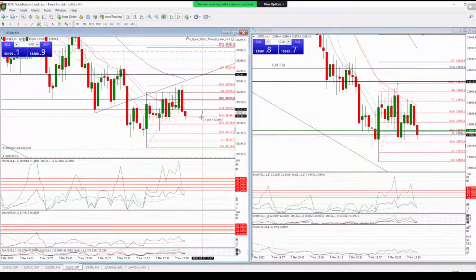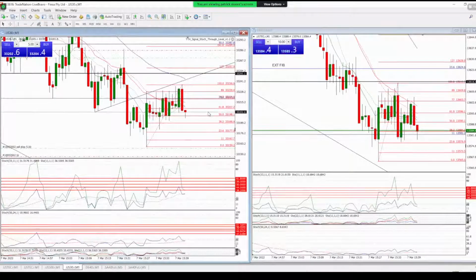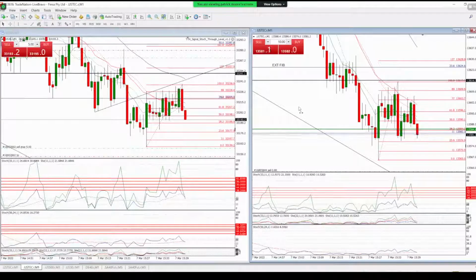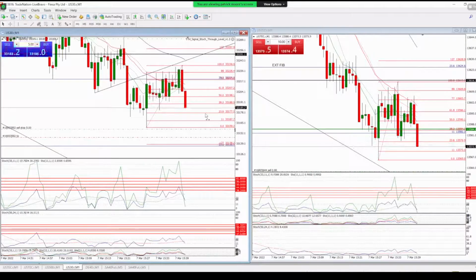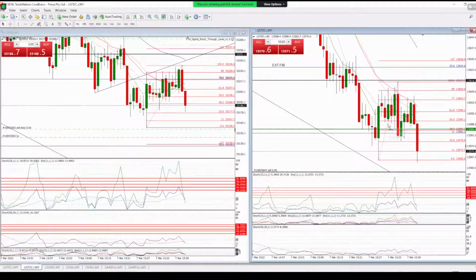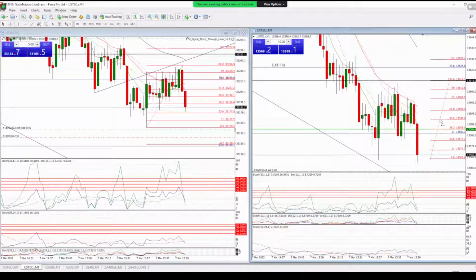Extension fib is only, we're getting to 10 points now. Don't have an extension fib for US tech at the moment.